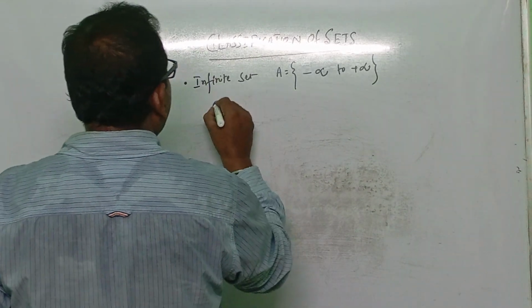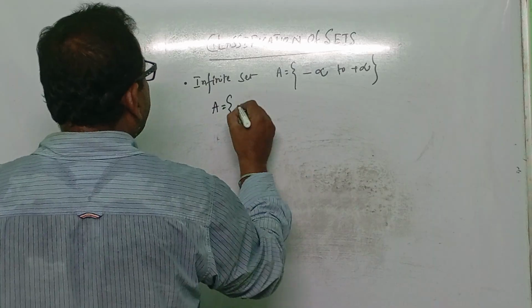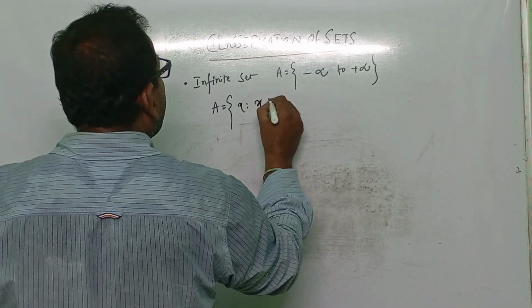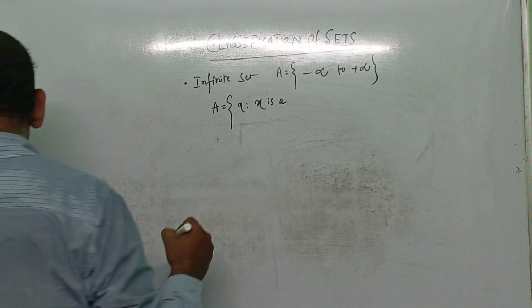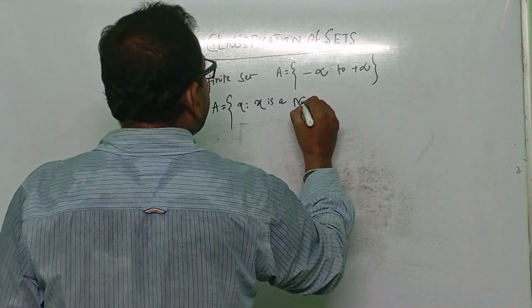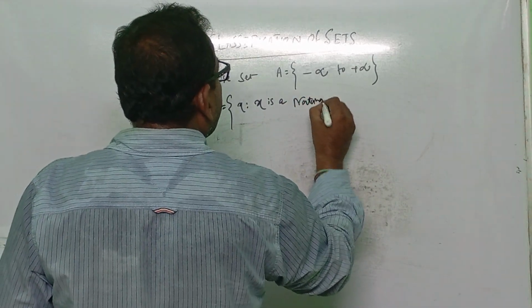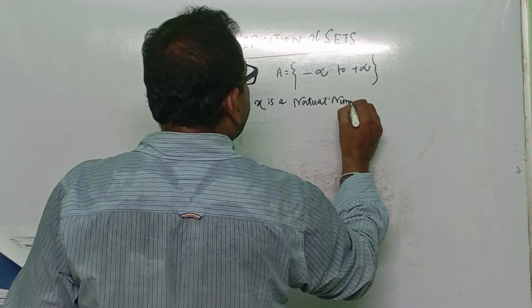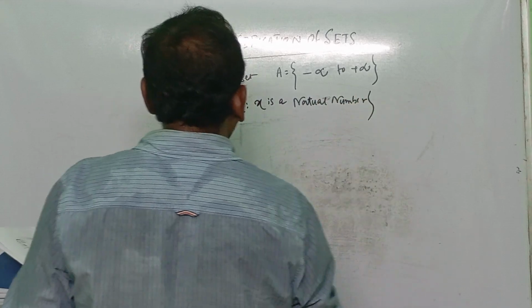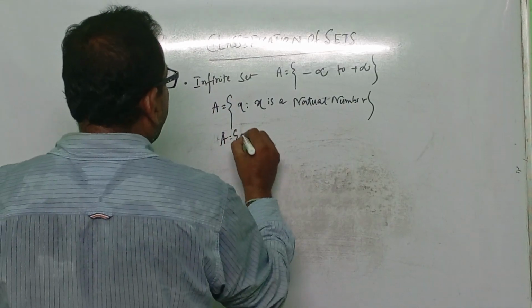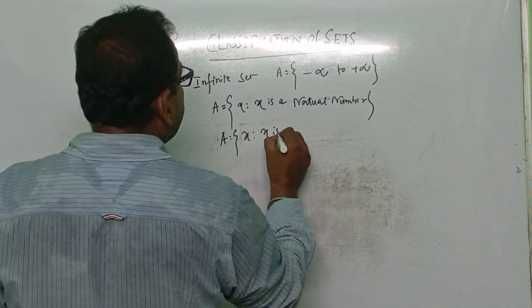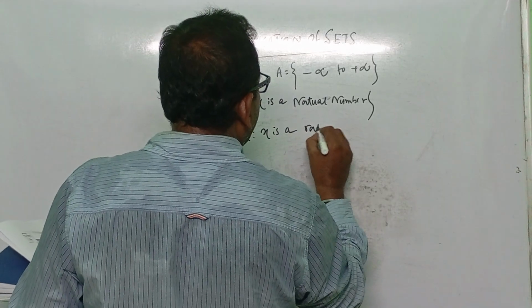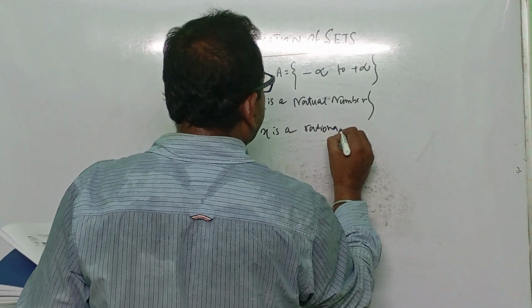Then what is x? x is a natural number, x is a rational number.